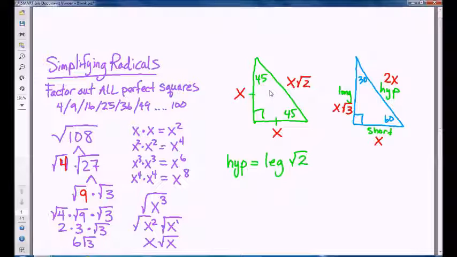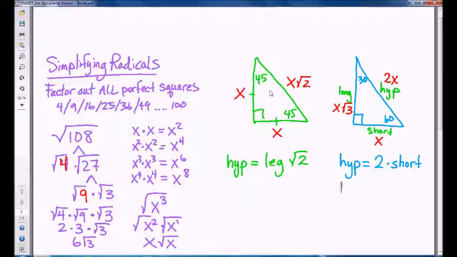We also have formulas for these. We know that the hypotenuse is 2 times the length of the short leg, which is exactly what your formula says, 2x. If your short leg is x, then your hypotenuse is 2 times x.